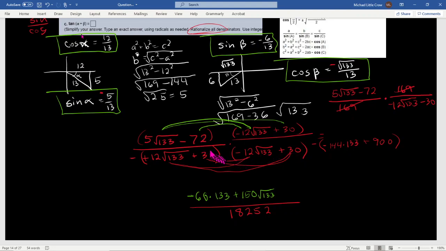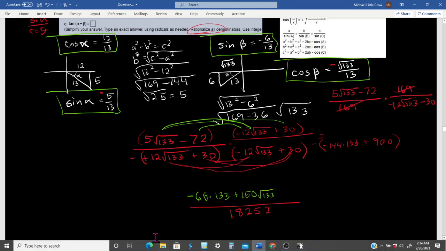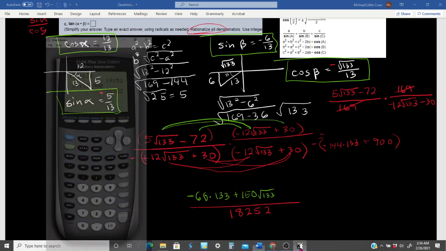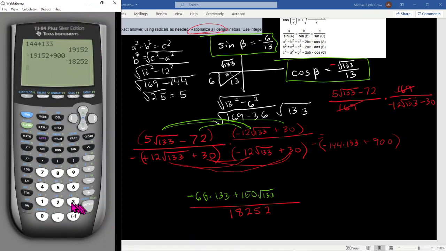Negative 72 times 12. Maybe this ends up being something nice. Negative and negative make it positive. 72 times 12 is 864, so 864 square root of 133.